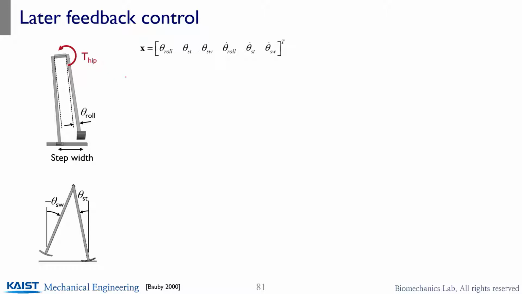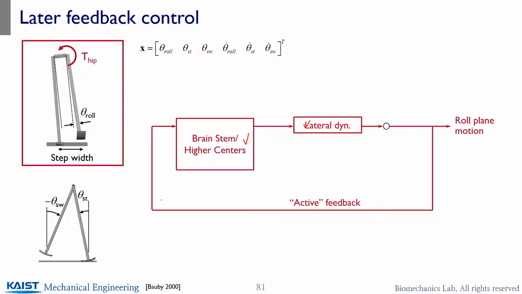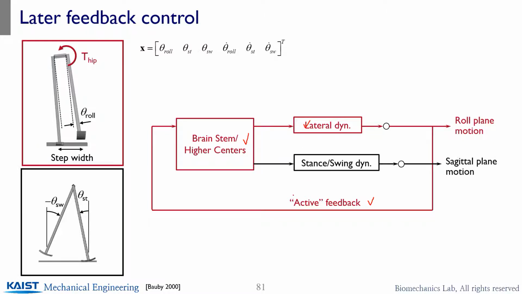Okay, how can we set the feedback control? Since we assume state feedback, the controller, the brainstem, sends out the control input to the lateral dynamics, okay? And those lateral dynamics, the rotational motion, are sensed by sensors, and that information is sent back to the controller again. That's sensory feedback, okay? For sagittal motion, we still assume the passive walking framework.